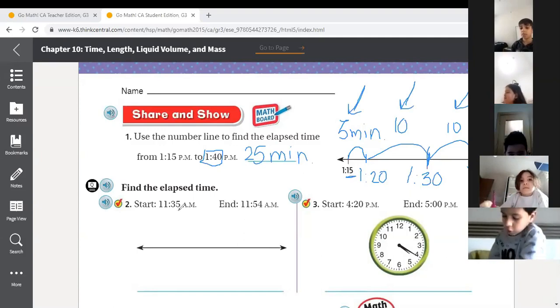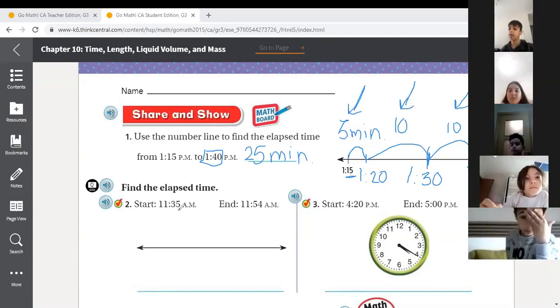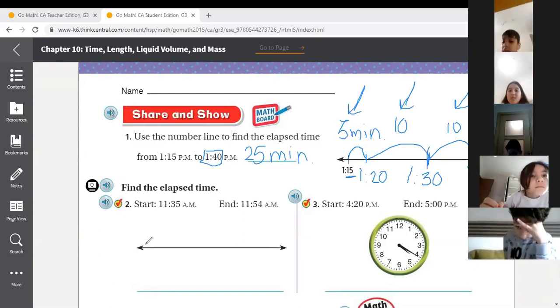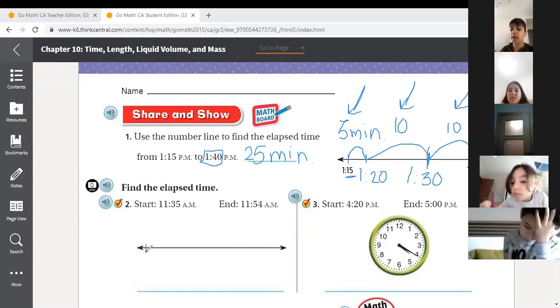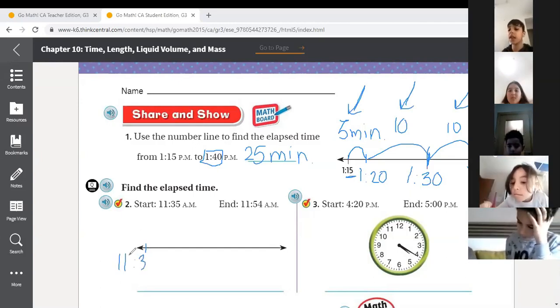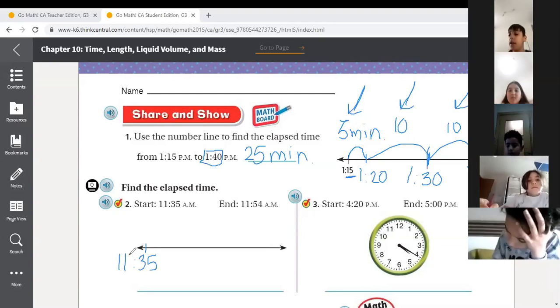Azzat, can you help me with the next one? So what do I put here in the beginning? 11:34. First we add 9 minutes, and then 10 minutes. So before adding the 9 minutes, let's try to make it easier for our friends here.